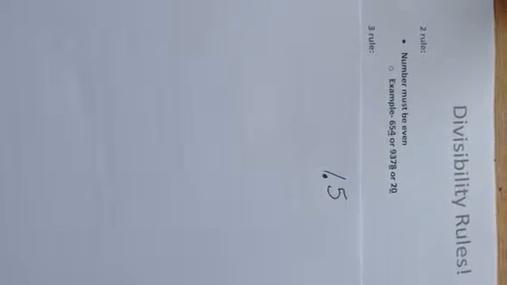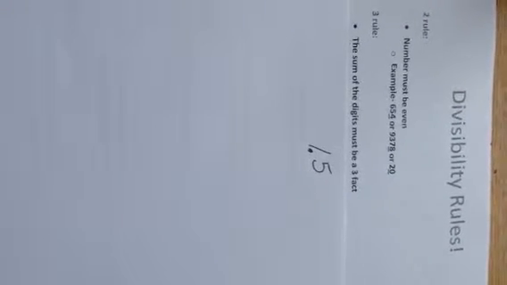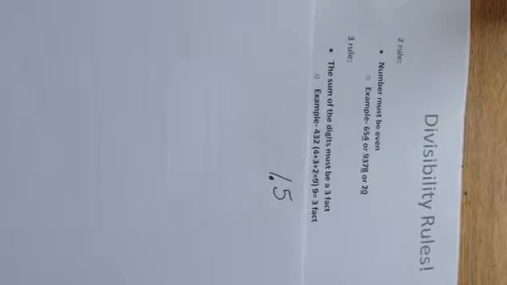The next rule that we went over was the 3 rule. The 3 rule's kind of an odd one, but it states that the sum of the digits must be a 3 fact. So if you think about the word sum, it means that we're going to be adding all of the digits together that are in that number. Here's an example.